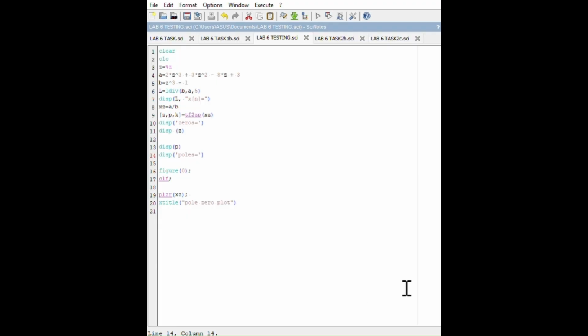So below here, figure 0 creates the new graphic window labeled figure 0, and then the PLZRXZ plots the poles as x and zeros as O on the complex plane, and the title will be pole zero plot.